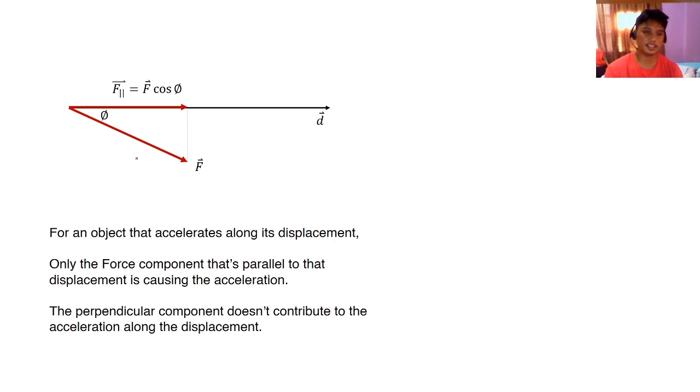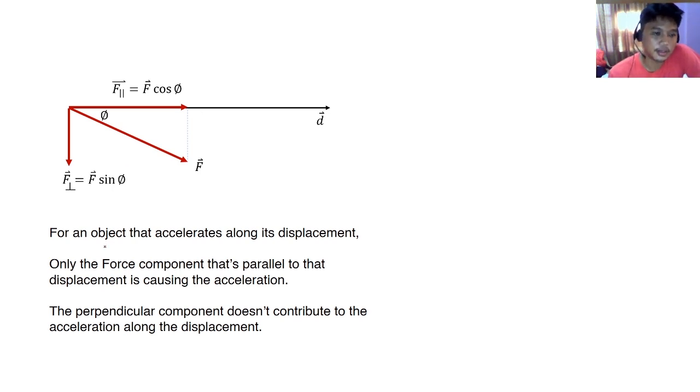Parallel in the sense that this component is in the same direction as the displacement. And trigonometry tells us that that is equivalent to F cosine phi. This force also has a perpendicular component, there, F sine phi.